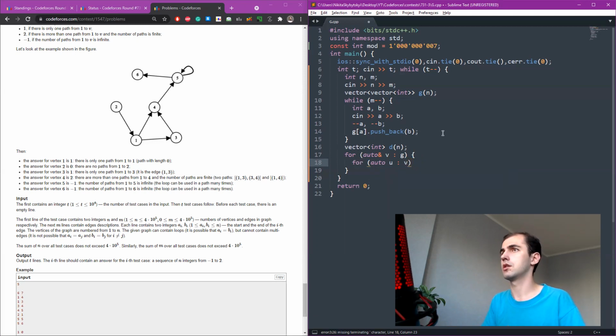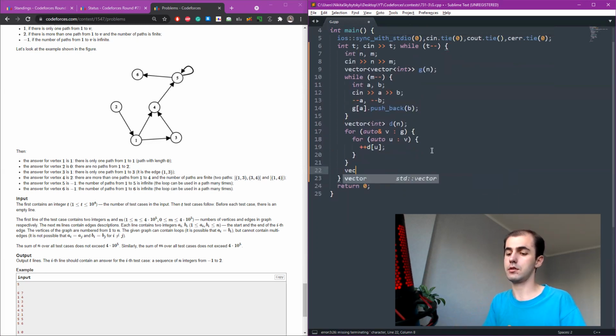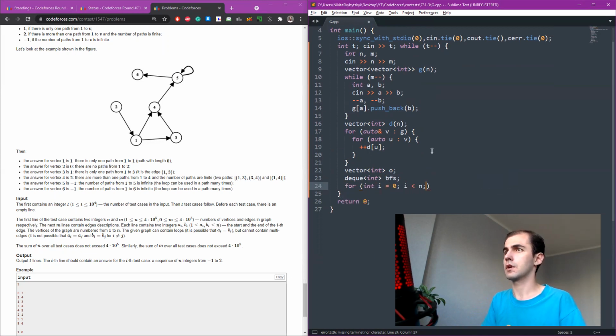Void v. In degree of u increases. Now, how do you write topological sort given in degrees and BFS? Quite simple. Originally, what can get into the BFS, into the order? If the in degree of some vertex is 0, push it into the BFS. It can be in the order.